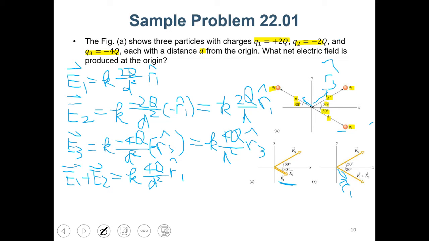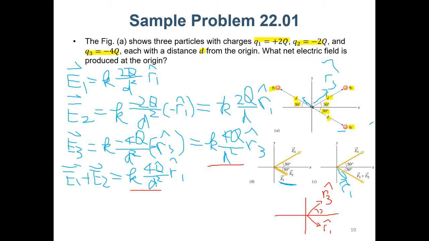And we can find that this one and this one have the same magnitude, and actually you can find it like this: R1 pointing to this direction, R3 pointing to this direction, and 30 degree, 30 degree, 30 degree.